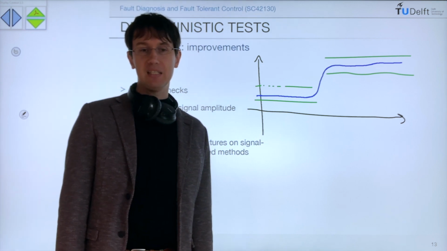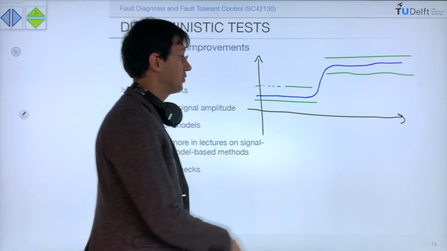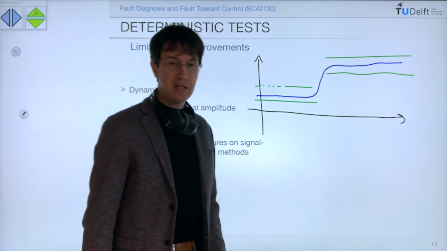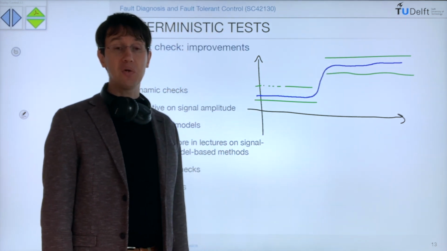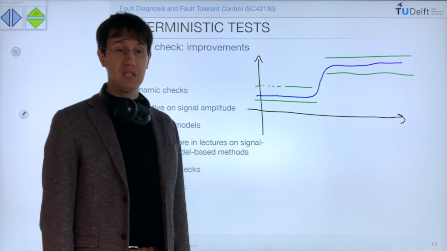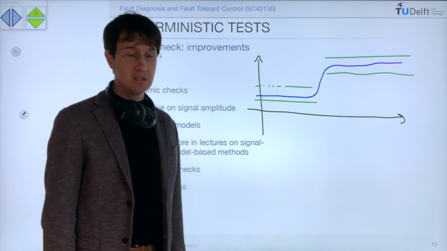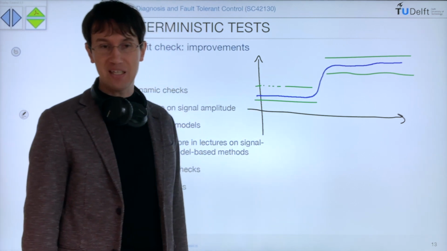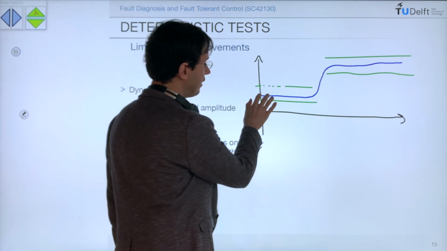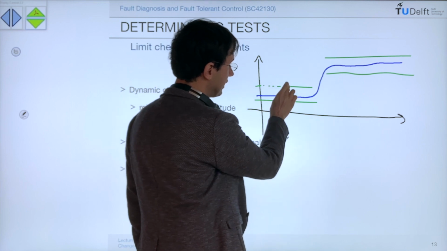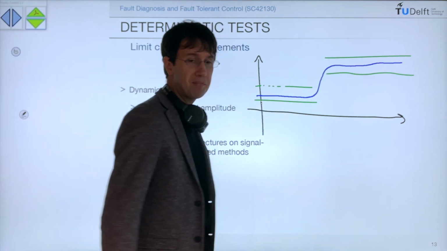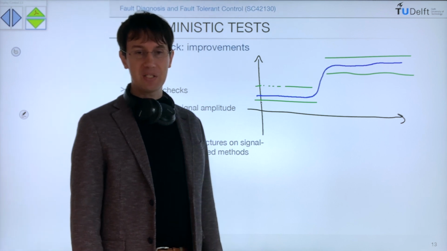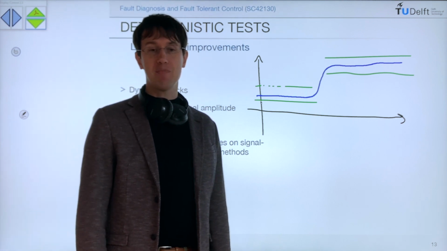Of course, there is a disadvantage. You can't say anything during the transient. And you also need to wait for the steady state to be reached. So when you are here, you don't know yet that you are at steady state. You need to wait for some number of samples, let's say until here, to say, okay, my signal was constant enough in the last time window, so let's say I am at steady state now.